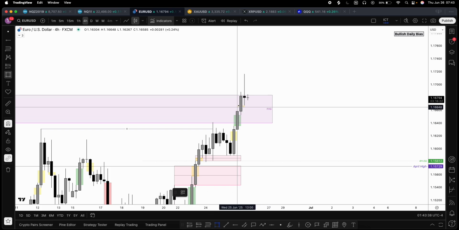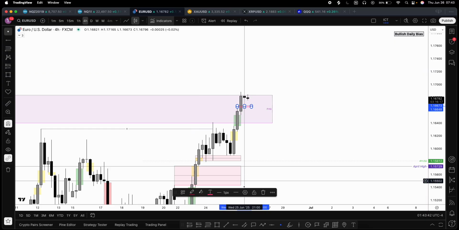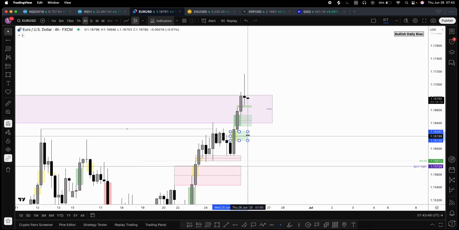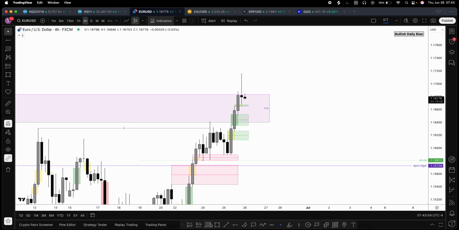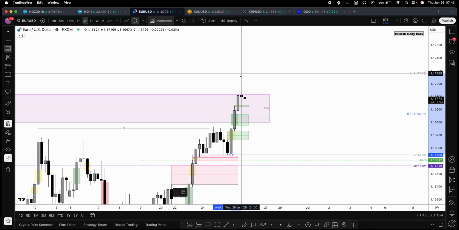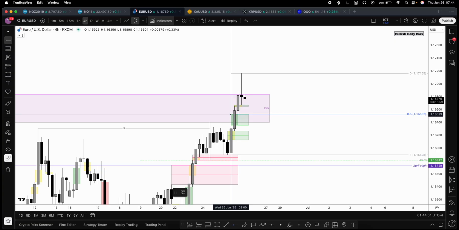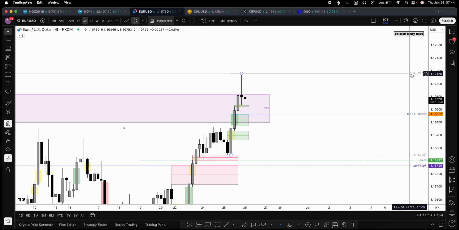So let's mark out these 4-hour fair value gaps. Okay. We are going to measure this most recent leg, just to get an idea of where the midpoint is, just for reference.